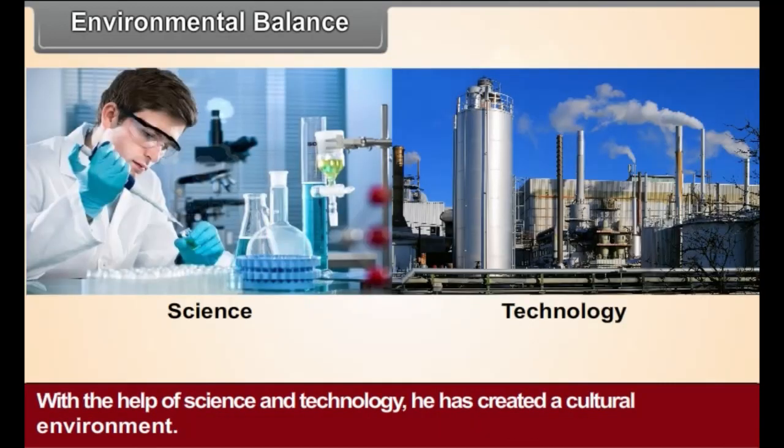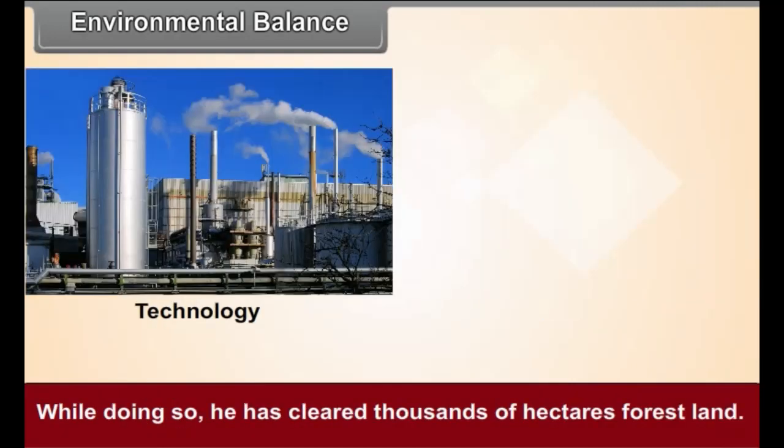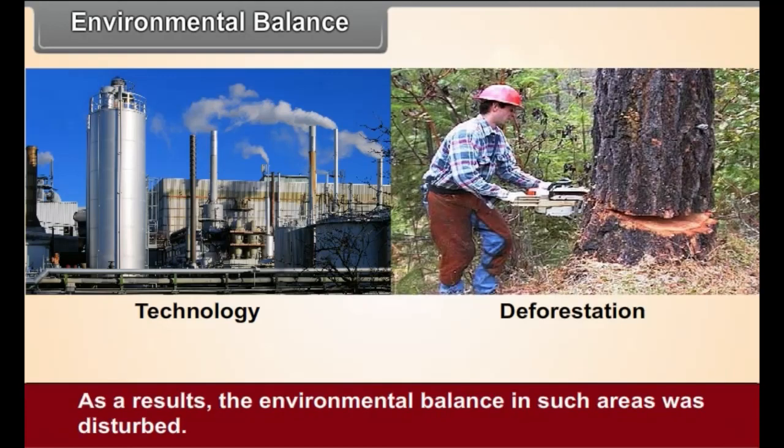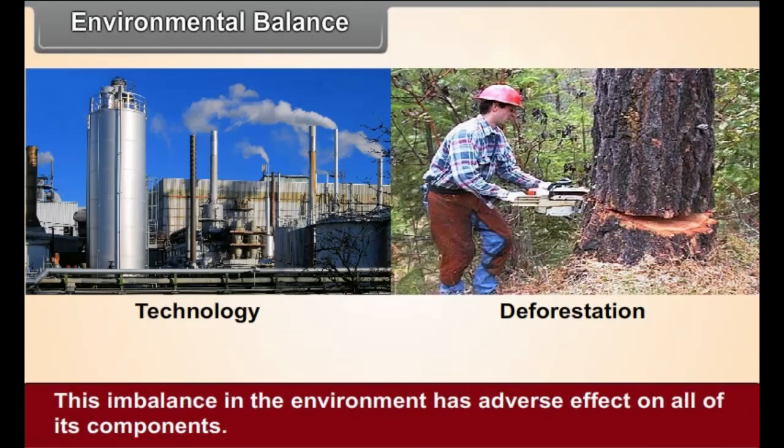With the help of science and technology, he has created a cultural environment. While doing so, he has cleared thousands of hectares of forest land. As a result, the environmental balance in such areas was disturbed. This imbalance in the environment has adverse effects on all of its components.